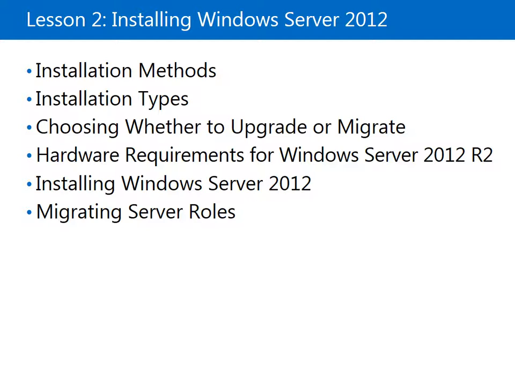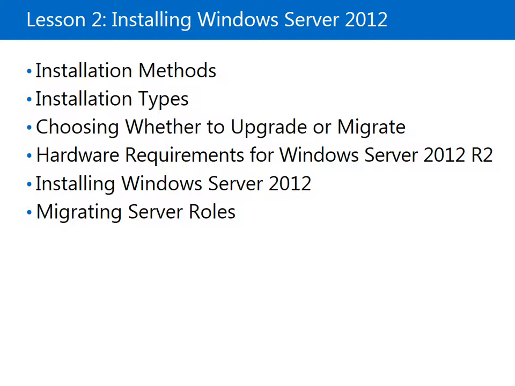All right, so we talk about installation methods, types. Do we want to upgrade or migrate? I'm not going to keep saying it tonight. Oh, I probably will a couple times, but we're putting on that different hat, right? We're dealing with installing servers, not necessarily clients. At home, we're going to install one server or two servers in our small business.